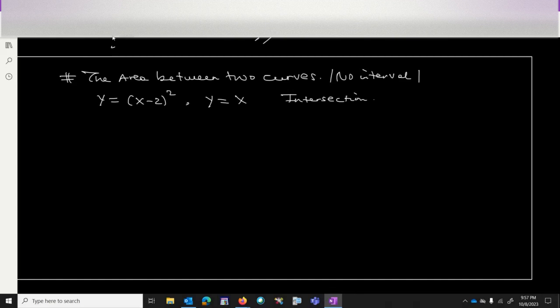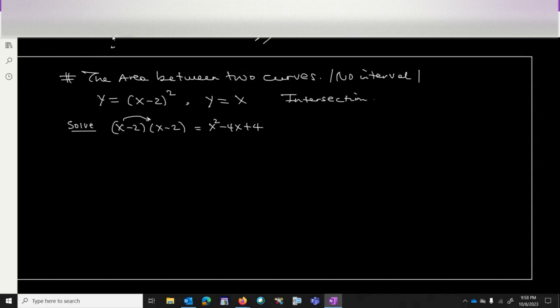So let's start by solving. Let's solve this first function. x minus 2 the whole square means x minus 2 times x minus 2, right? So this is quadratic. This will give me x squared minus 4x plus 4, because x times x is x squared, x times minus 2 is minus 2x, minus 2 times x is minus 2x, minus 2x minus 2x is minus 4x, and negative 2 times negative 2 is 4.